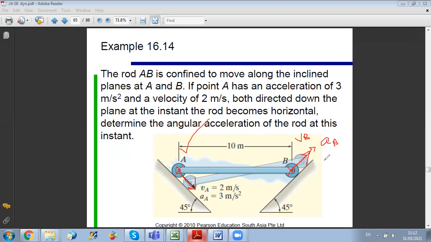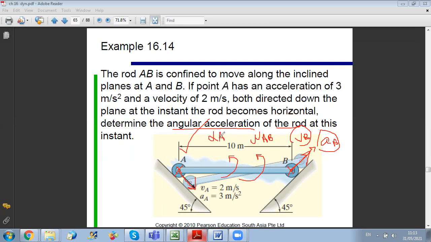Now, the question is to determine the angular acceleration of the rod. So until now, we have unknowns: VB magnitude, AB magnitude, and also omega AB and alpha AB. So we have 4 unknowns.